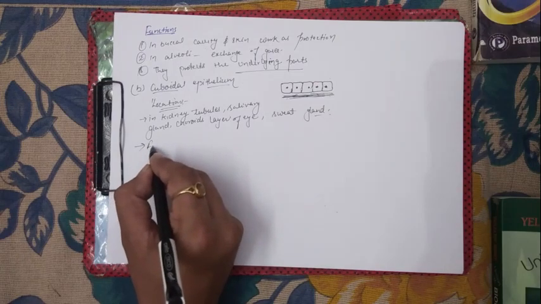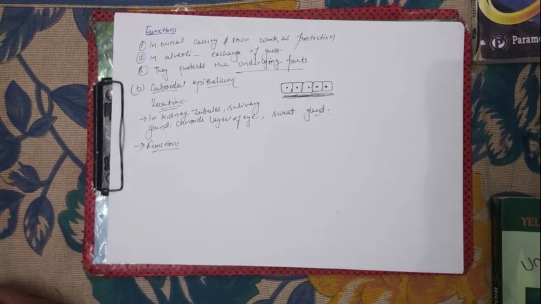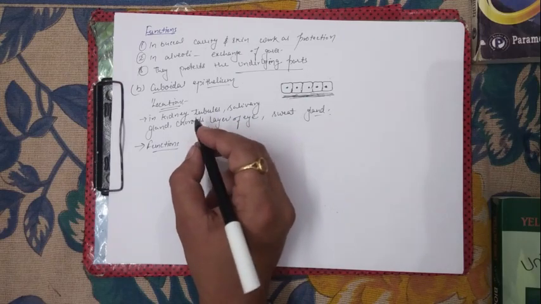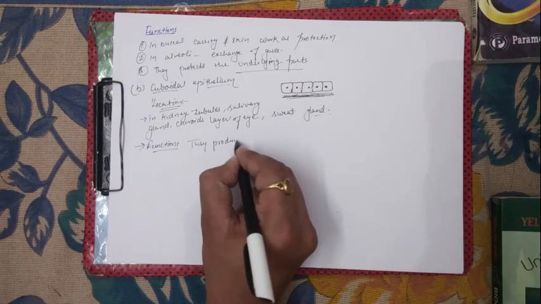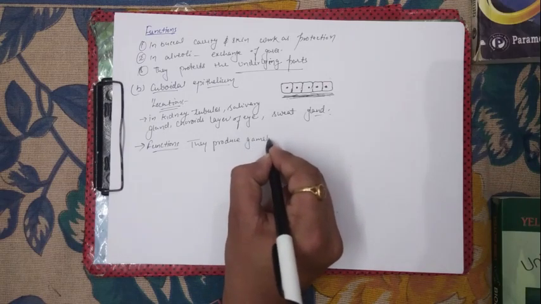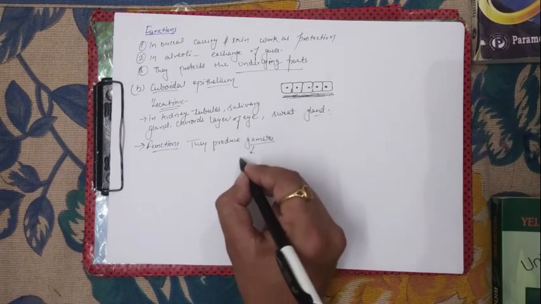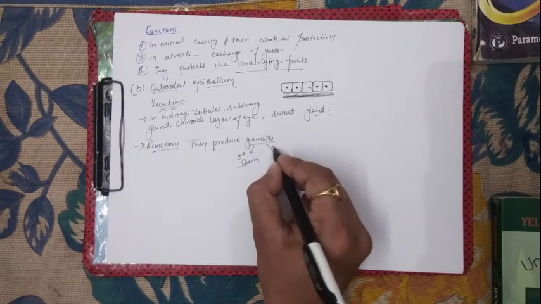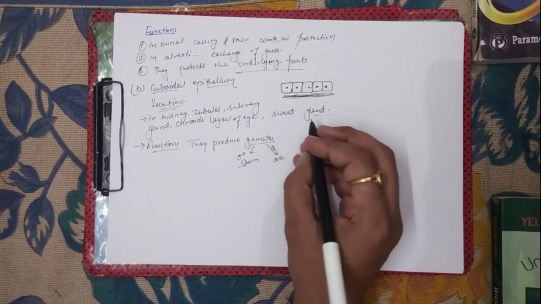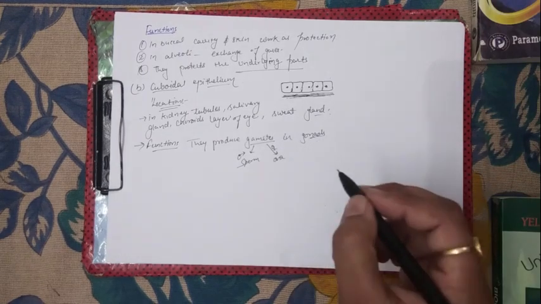Now we are going to talk about their functions. They produce gametes. Gametes means male gametes, sperm, and female gametes, ova or eggs, in the gonads.